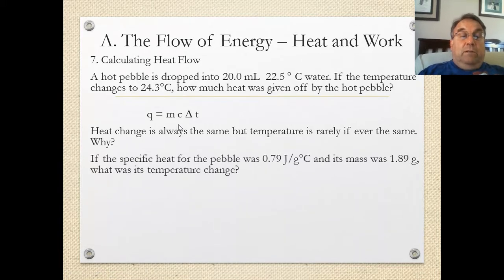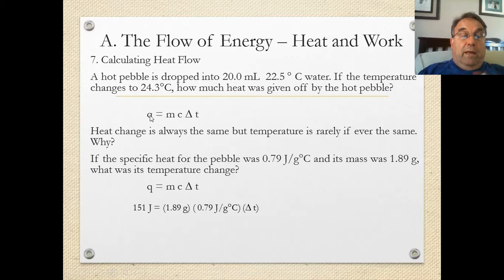Okay. So if the specific heat for the pebble is 0.79 joules per gram degree C, and its mass is a paltry 1.89 grams, so it's just a little bitty pebble, what was its temperature change? So how would we do that? Well, we get the energy from the preceding problem that we did.